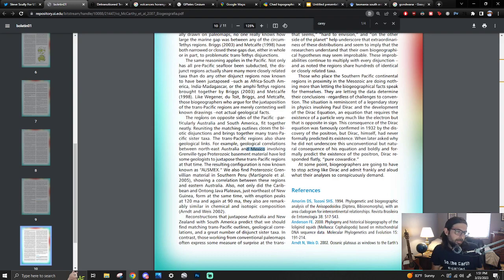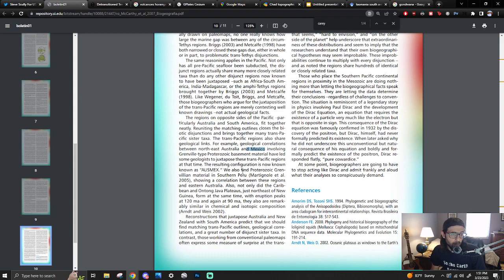That's right. Involving Greenville-type Proterozoic basement material have led some geologists to juxtapose these trans-Pacific regions at that time. The resulting configuration is now known as Osmex. Interesting.